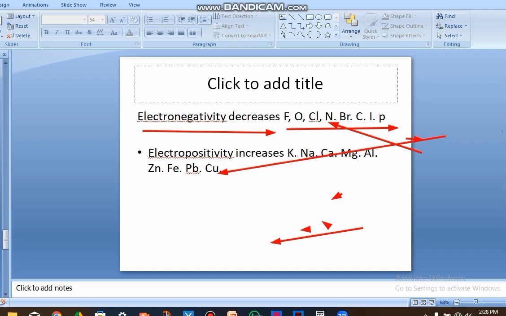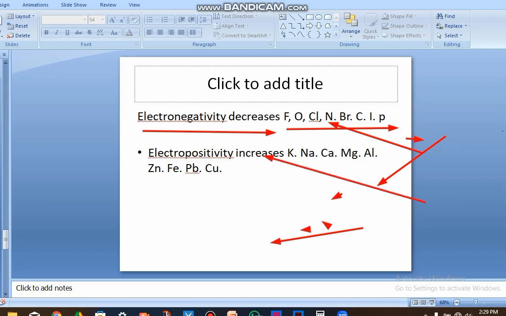If they turn around the question and write the correct order of electropositivity decrease, they will start from carbon or lead or iron or zinc.